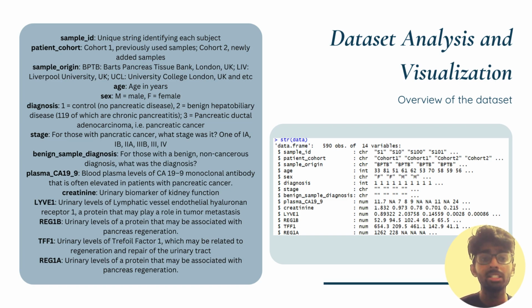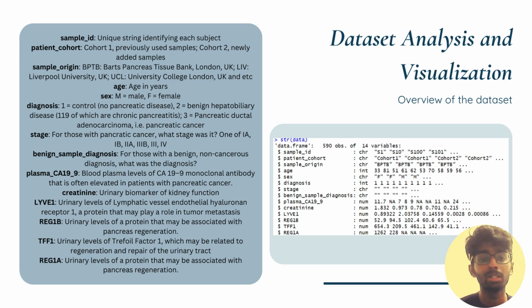In diagnosis, 1 represents the control, where there is no pancreatic disease, 2 is benign hepatobiliary disease, where the patient has chronic pancreatitis, and 3 is pancreatic ductal adenocarcinoma, where the patient has pancreatic cancer. After that, we have the stage. For stage, we represent with IA, IB, IIA, IIB, and stage III and stage IV.